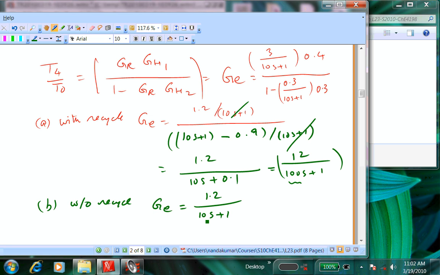Okay? Any questions? What if it was 12 over 100S at some point? What if you don't do that? Why do I have to write it as tau s plus 1? That's a very good question. That's the format for the inverse. Okay.